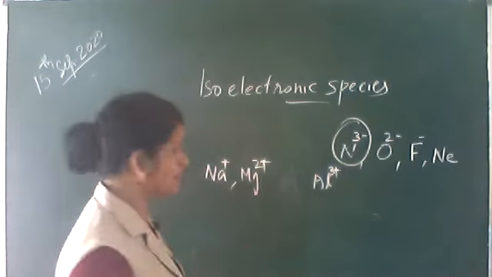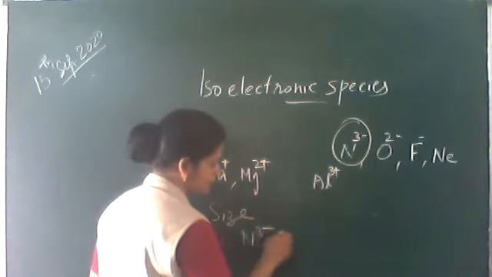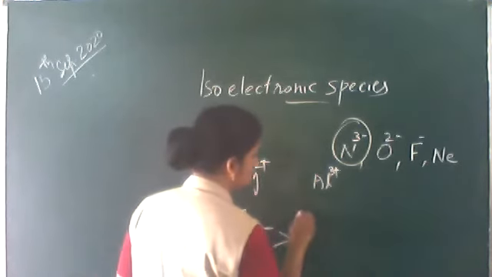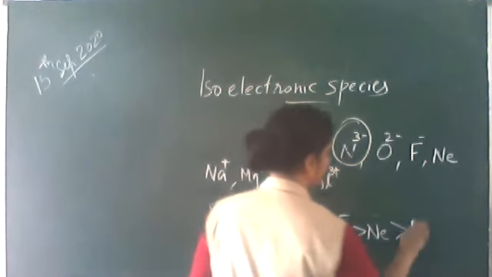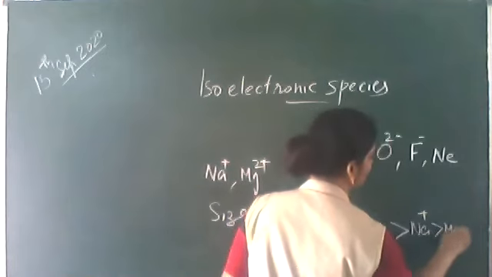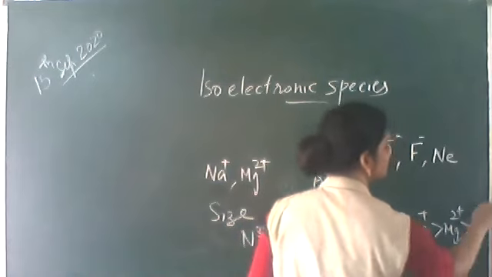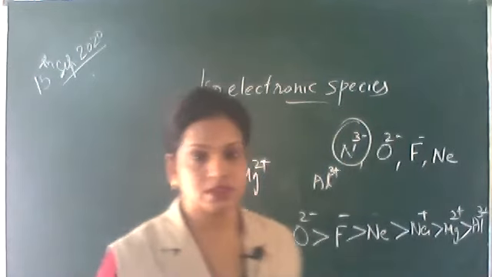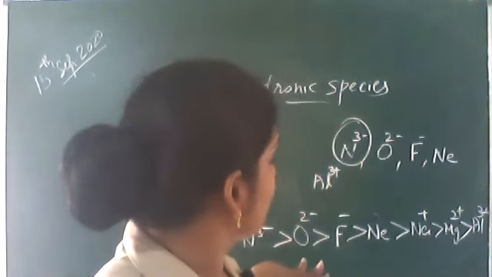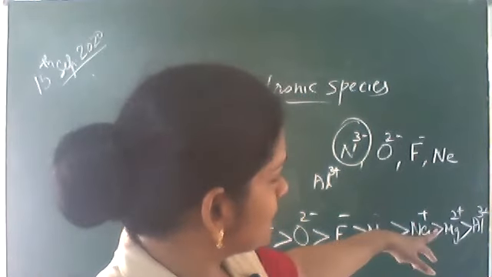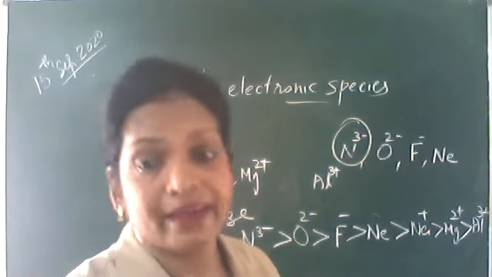N3 minus has greater size than O2 minus, then F minus, then Ne, then Na plus, then Mg2 plus, and the smallest size is Al3 plus, because a greater number of protons, 13 protons, are attracting only 10 electrons.